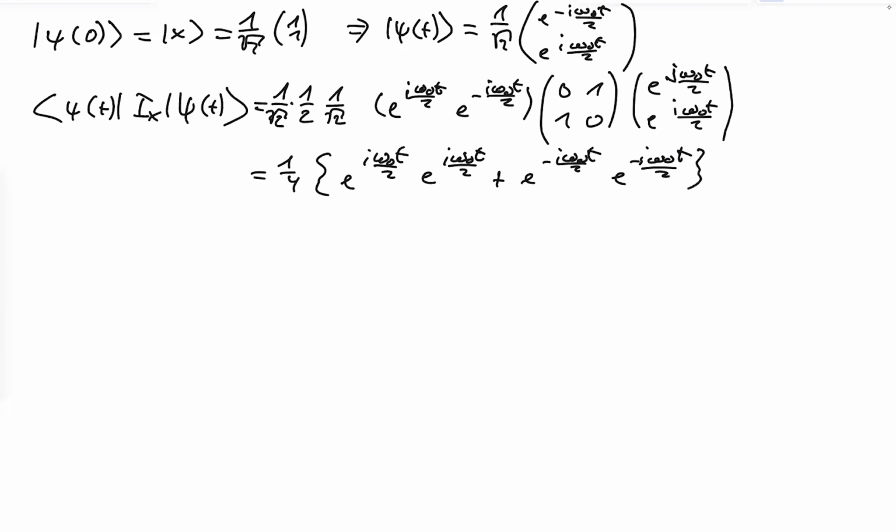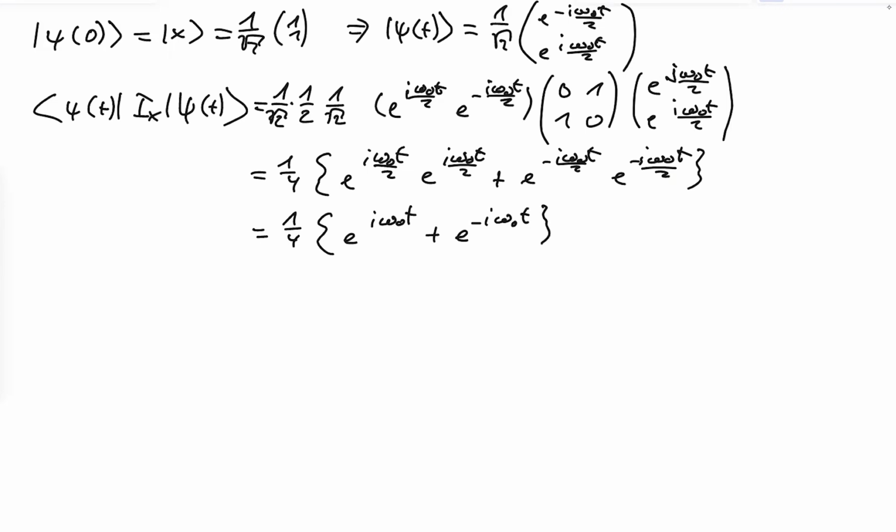And of course, we can combine these terms pairwise. So this will result in e to the i omega 0 t plus e to the minus i omega 0 t.